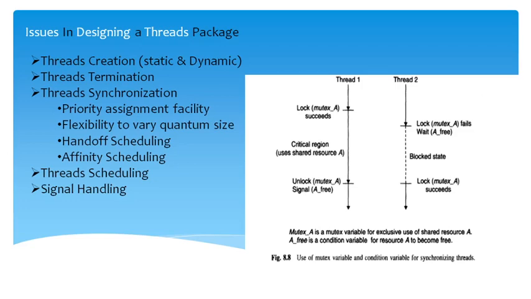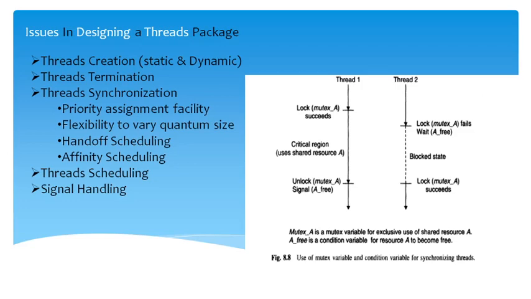This signal operation is performed by some other thread on the condition variable, which indicates that the event being waited for has occurred. So when a thread performs a signal operation on the condition variable, the mutex variable is locked.